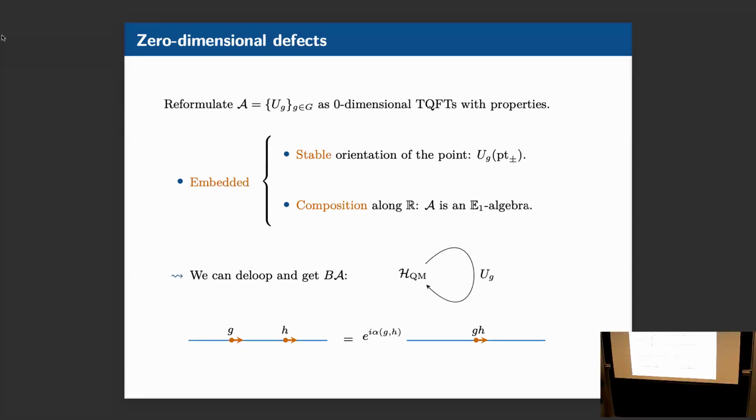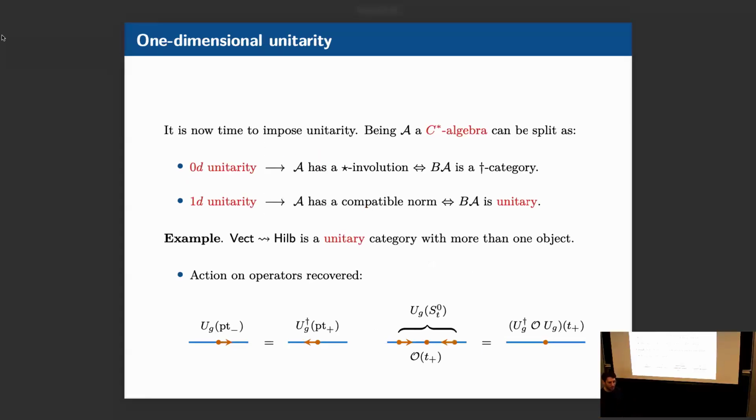Yes. Can there be a fusion algebra in quantum mechanics? Yes. I guess the point is that once you take into account unitarity, things are probably all more equivalent to the invertible case. So I don't expect that there should be something very non-invertible in quantum mechanics.